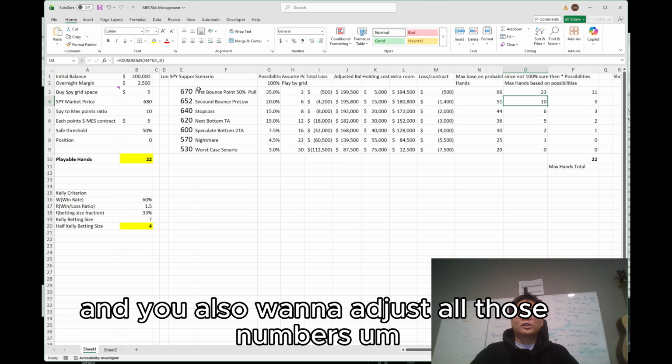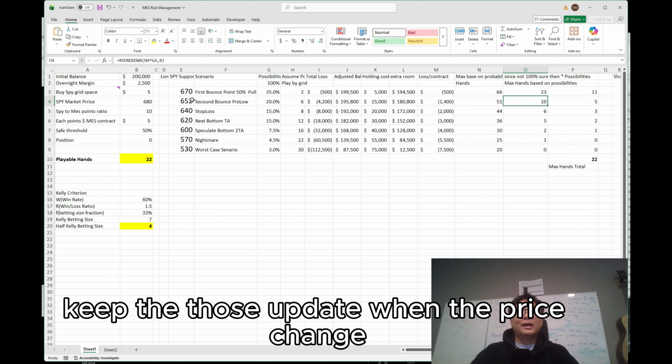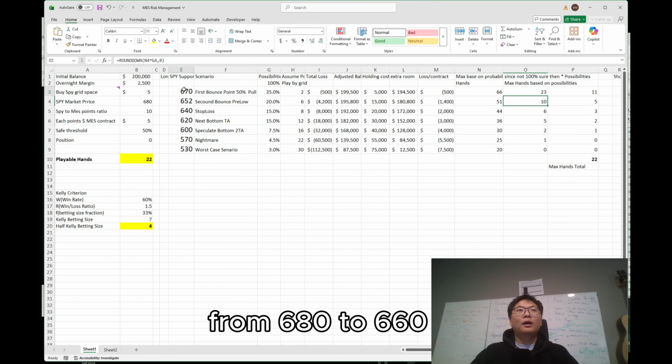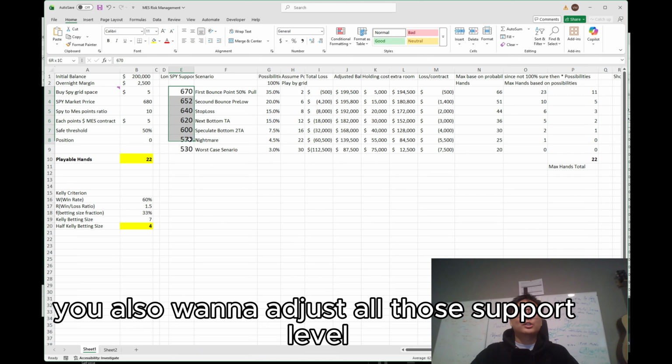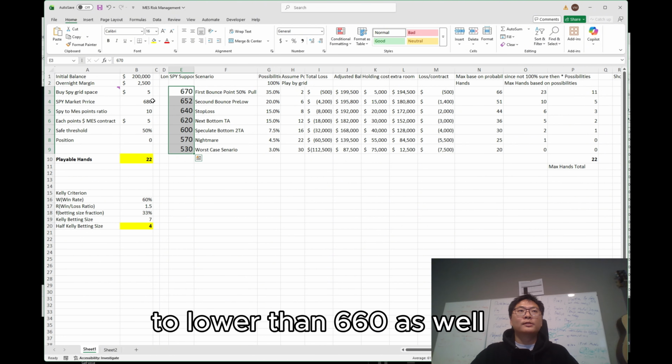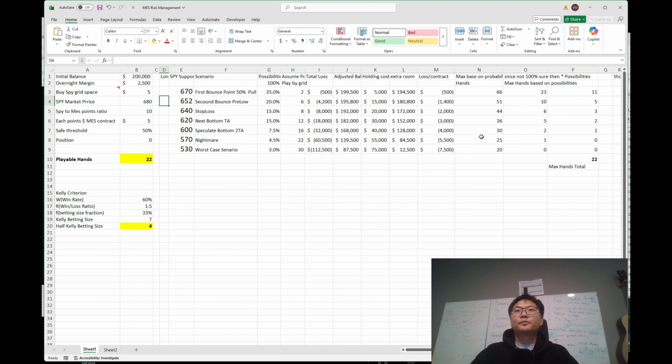And you also want to adjust all those numbers and keep them updated when the price changes. For example, if the price dropped from 680 to 660, you also want to adjust all those support levels to lower than 660 as well.